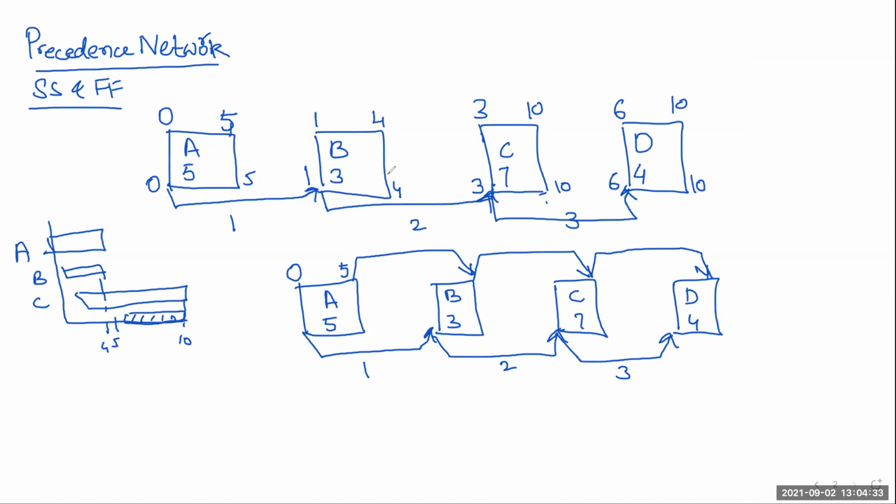No. The reason is if it is 5, then 5 minus 3 is 2, and 2 plus 2 is 4. So this means that this will delay this activity, or the overall project will be delayed. So I think in this case, there is no float in any activity over here.